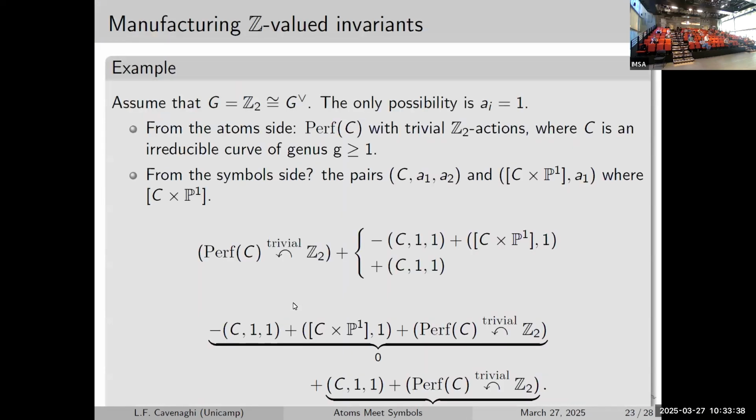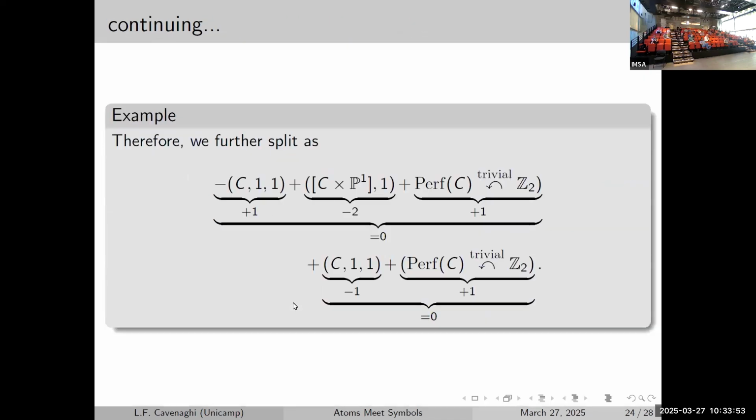So this thing here, you want to make it 0, right? So both of them, 0 and 0. Now you start to attribute some weights to these symbolic generators, Z-valued weights, so that when you sum, you get 0. Then you say, well, the generator that corresponds to C11, you attribute the weight 1.